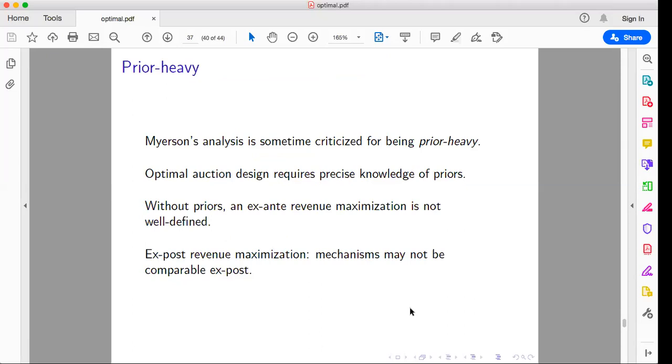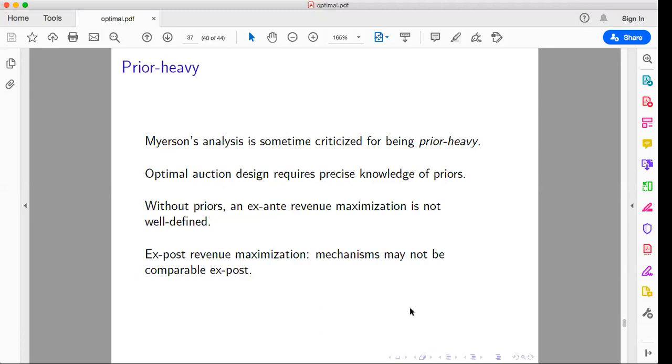But of course, it's an unfair criticism because without priors, even the problem is not well defined, right? If a seller says that I want to maximize revenue, what does it mean? If it means that he wants to maximize ex post revenue, that means that for every type profile he wants to get a mechanism which gives him the highest revenue.